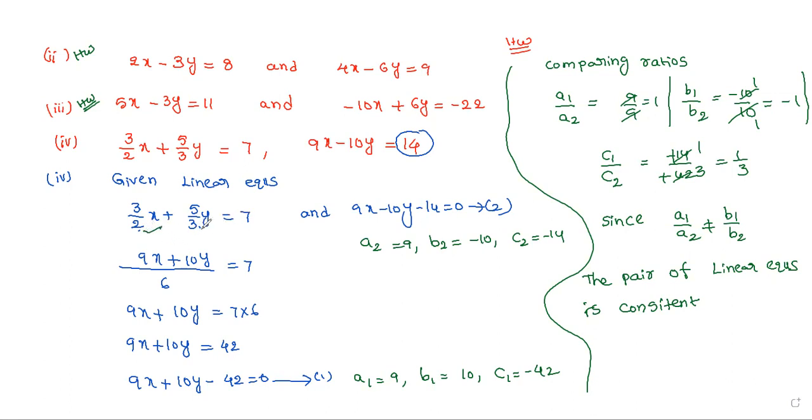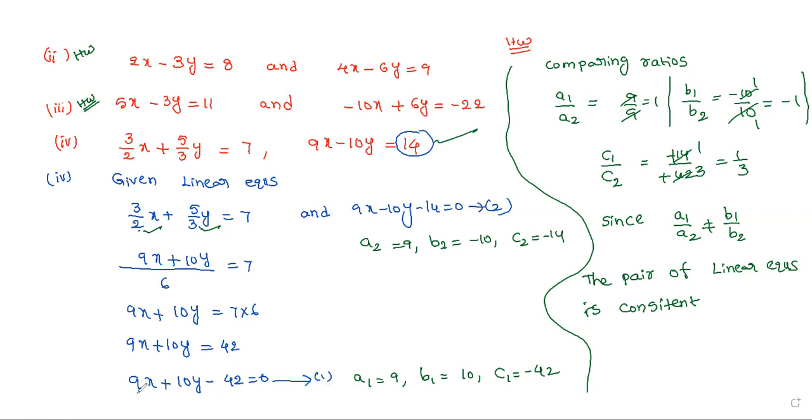First find the LCM of 2 and 3, which is 6, and cross multiply. 3 threes are 9x, 2 fives are 10y, by 6 equals 7. 6 transposing to the left side, multiplication: 7 into 6. 9x plus 10y is equal to 7 into 6, 9x plus 10y equal to 42. Plus 42 transposing to the left side, minus 42: 9x plus 10y minus 42 equal to 0. Second equation already given: 9x minus 10y plus 14, transposing to the left side, minus 14 equal to 0.